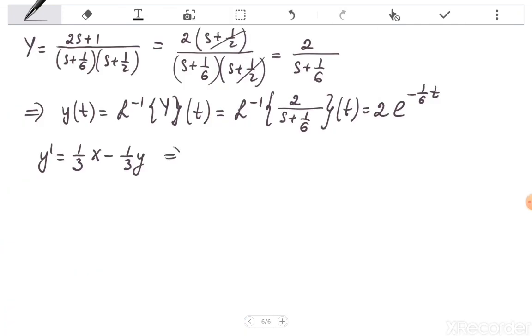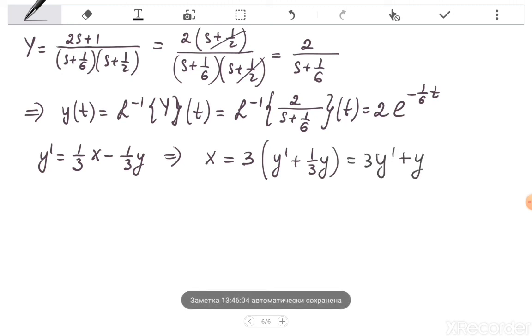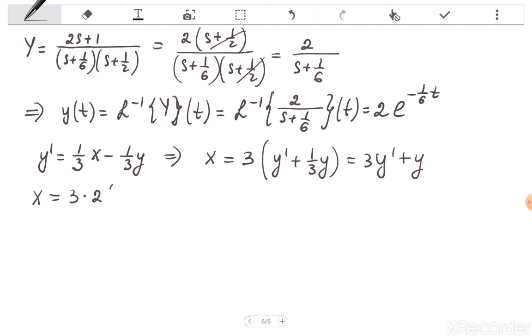And from this one we can find x is 3 times y prime plus 1 over 3y, or this is 3y prime plus y, right? So x is 3 times y prime, which is 2 times minus 1 over 6 e to the minus 1 over 6t, and plus y, which is 2e to the minus 1 over 6t.